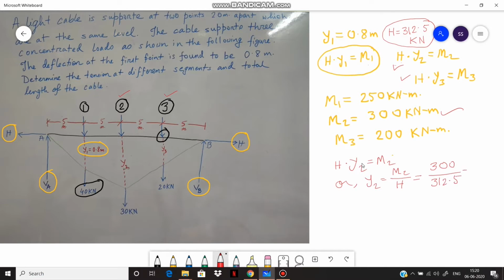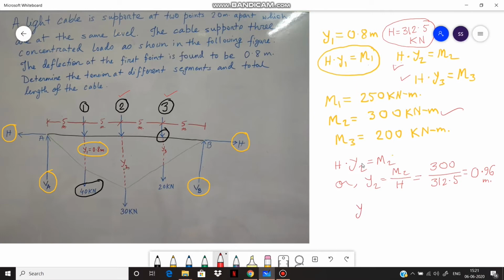Calculating this, we get y2, that is the deflection under point 2, under load 30 kilonewton, the deflection of the point 2 is 0.96 meter.